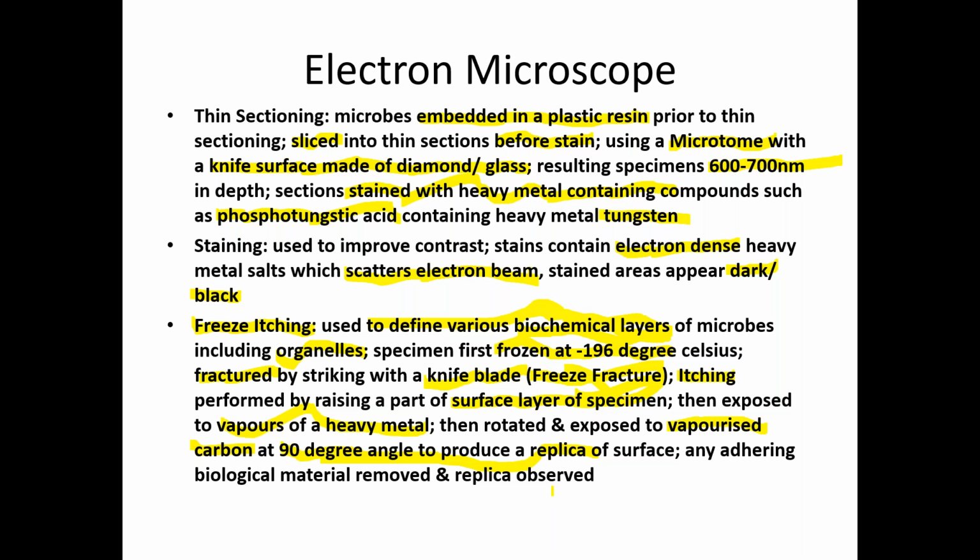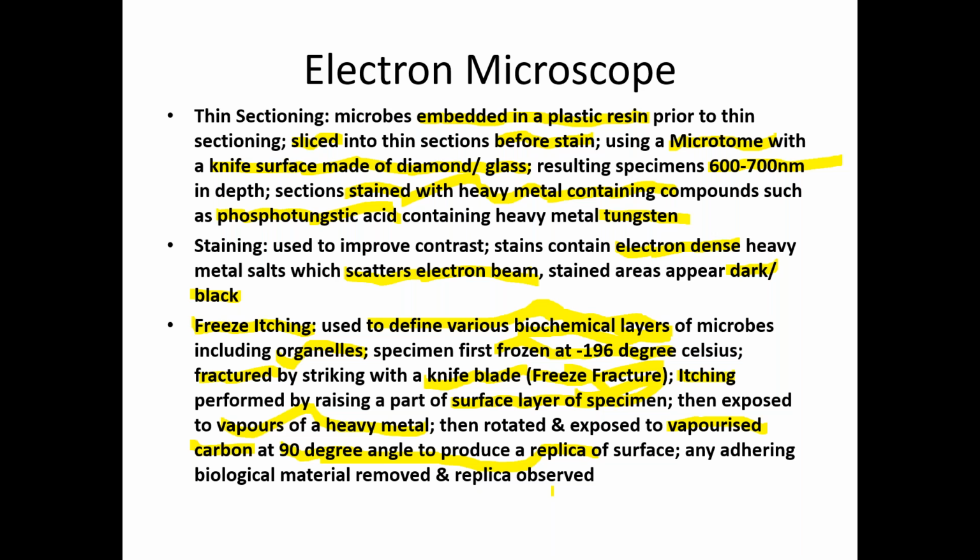Because in light microscopy, we observe the microbial cell as a whole. Here we are going to observe the internal organelles of the microbial cell, various biochemical layers of the microbial cell. In that case, we must get thin sections of the whole microbial cell. Then only it is possible to observe the biochemical layers and even the internal organelles.